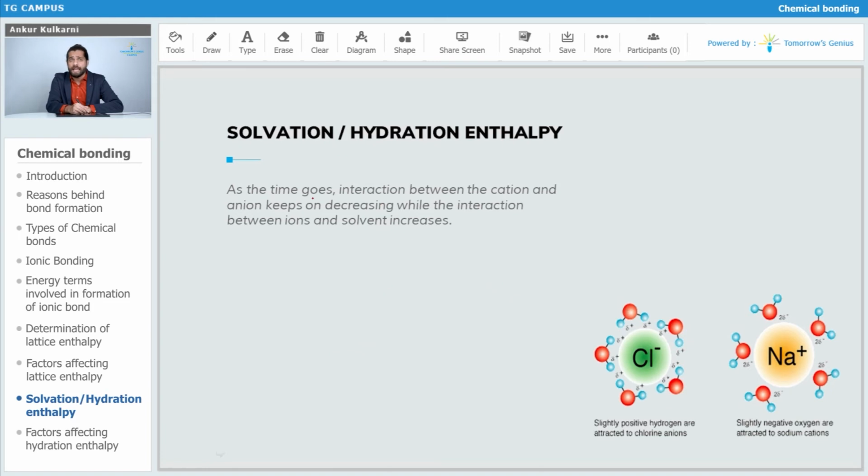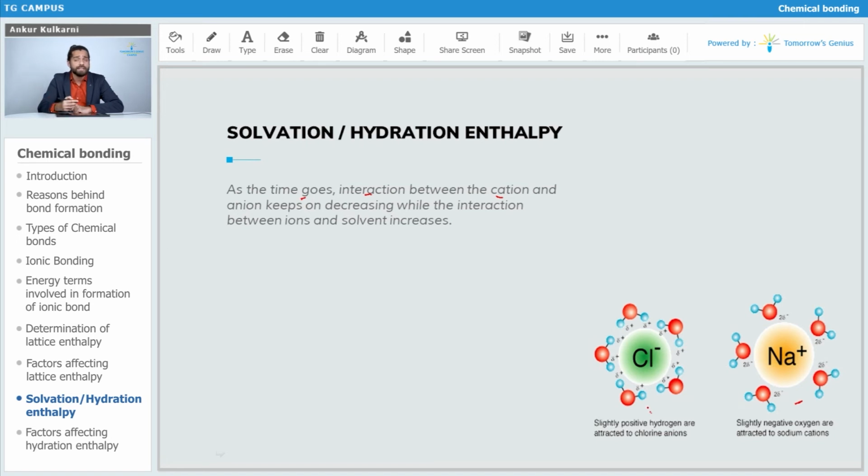As time goes, when you dissolve your sodium chloride in the water, what happens? The interaction between the cation and anion keeps on decreasing. You have Na plus, as you can see on your screen, and you have Cl minus.